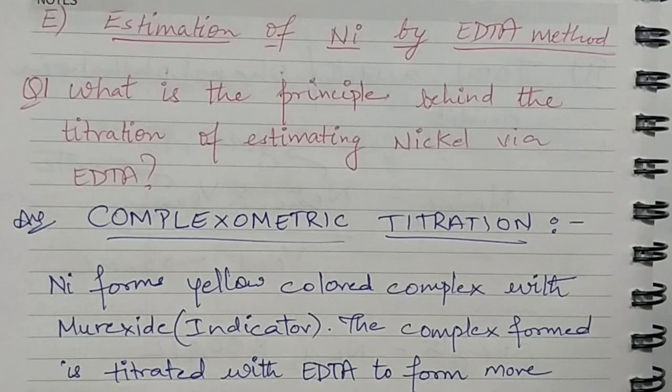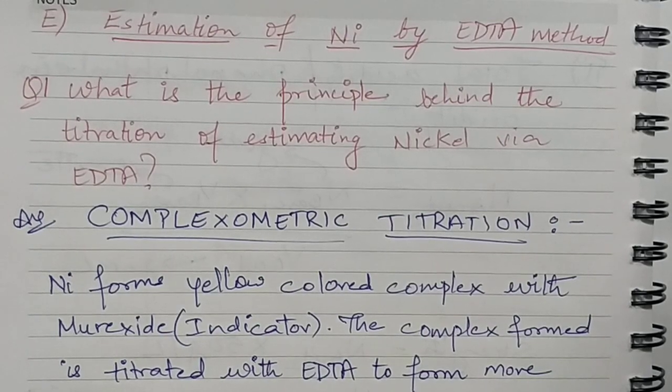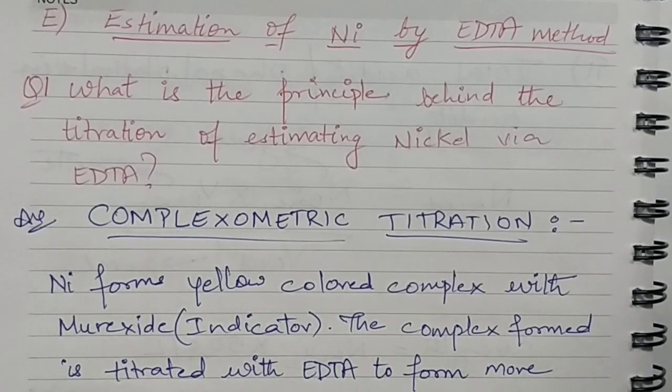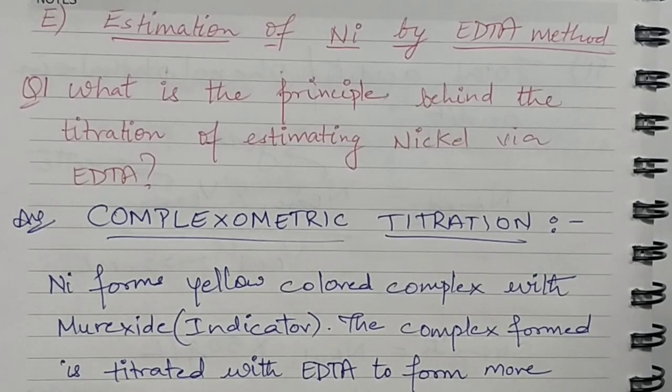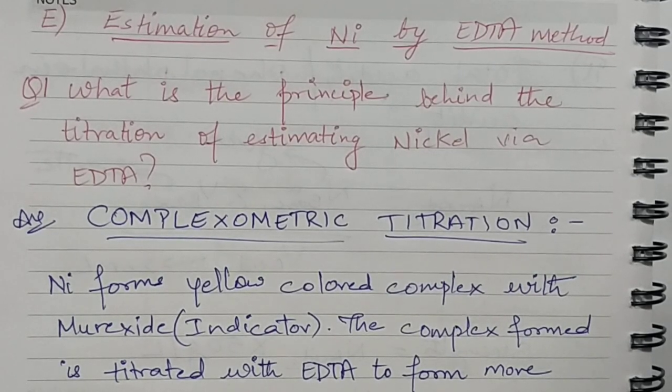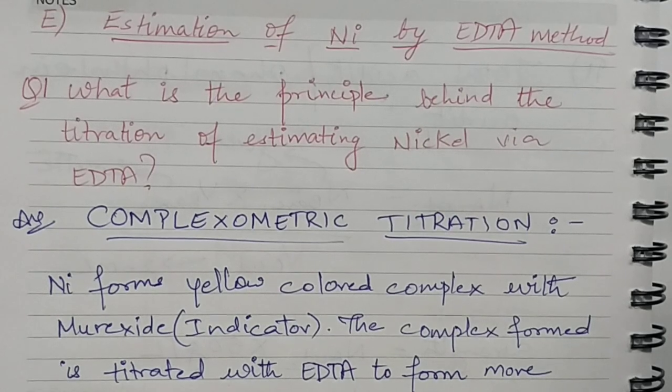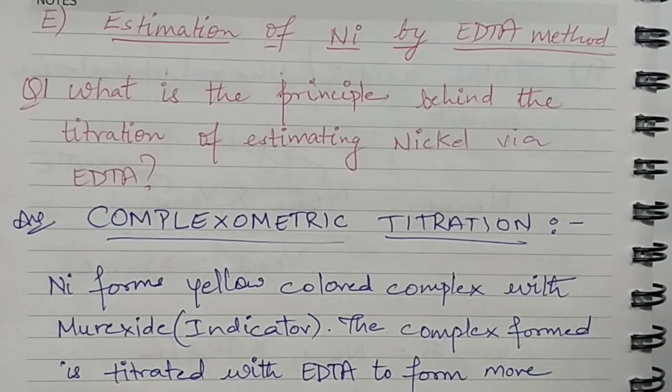Today we are going to do the next practical and the questions related to it. The practical which I have taken is estimation of nickel by EDTA method. It is alike or similar to the practical which we have discussed in lecture number 1, that is the lecture about hardness of water sample.